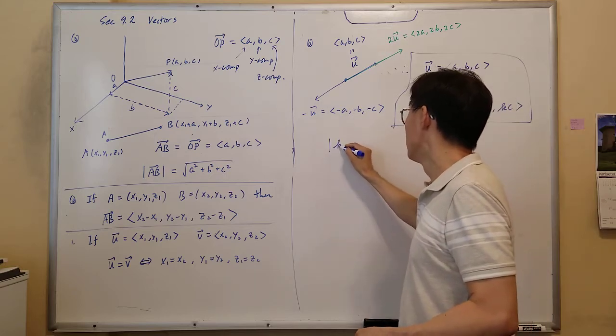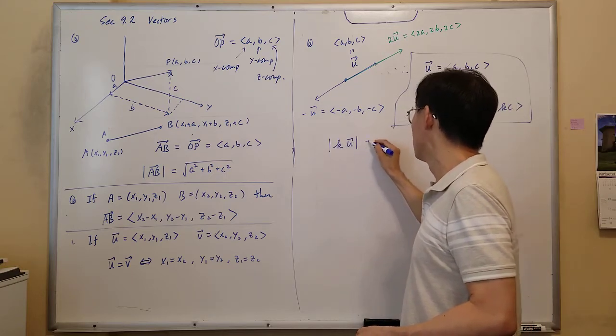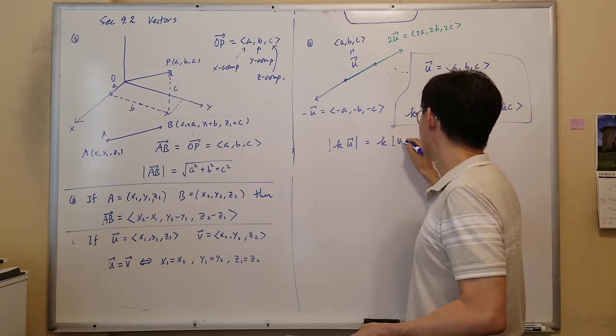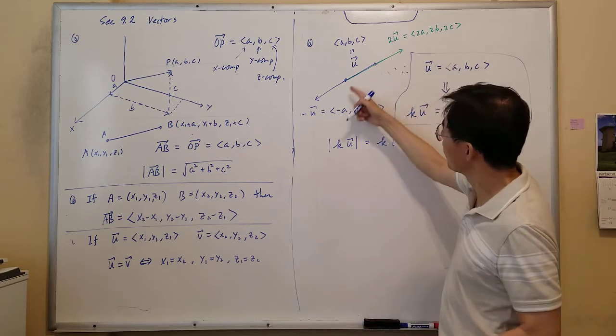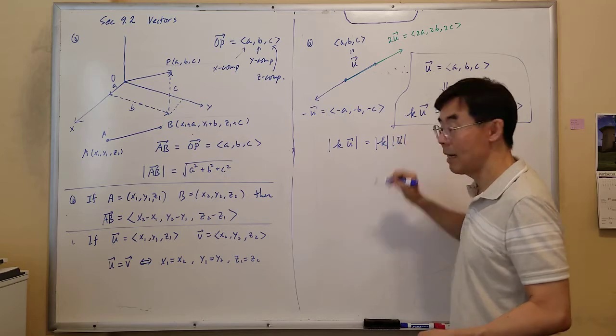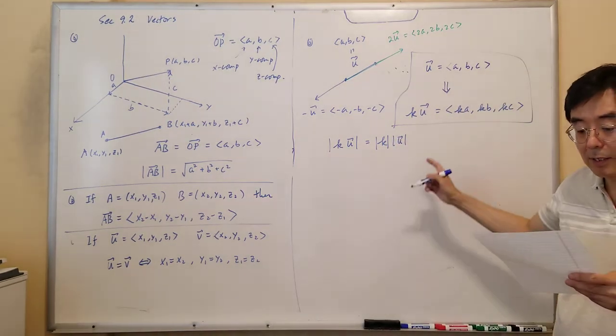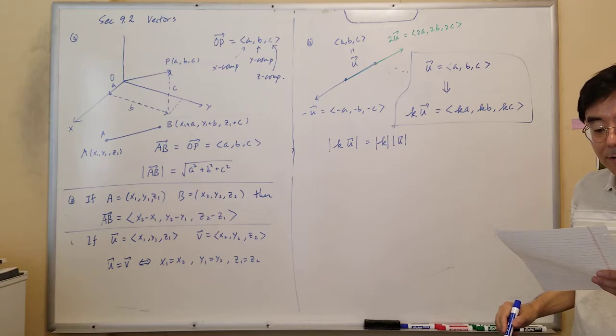And also, the magnitude of ku will be k times the magnitude of u, but when k is a negative number, you have to take the absolute value, right? You can easily see this, all right?